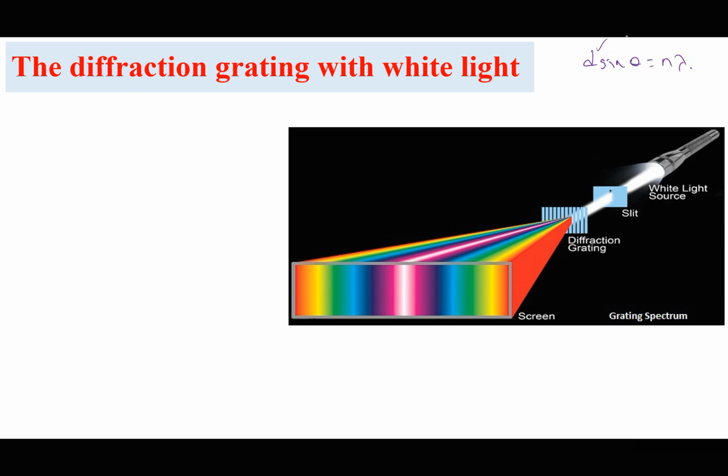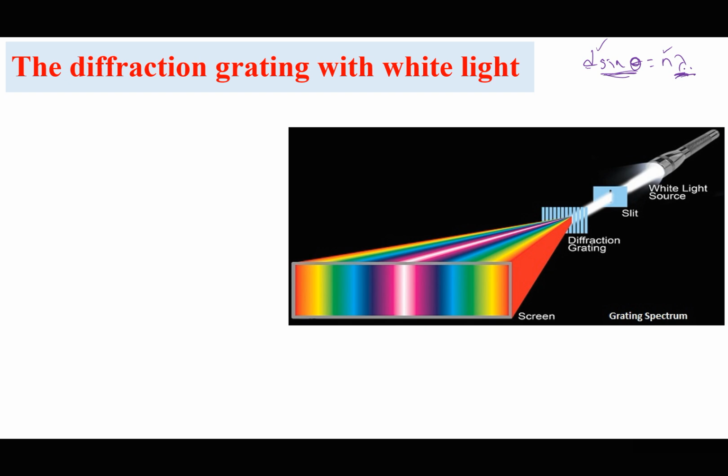If white light is incident on a diffraction grating, it means d is the same for all the 7 colors that make up white light. So for the first order, n is the same, but note that sine theta is going to be directly proportional to the wavelength. Since white light is made up of different wavelengths, each color may undergo a different angle of diffraction.